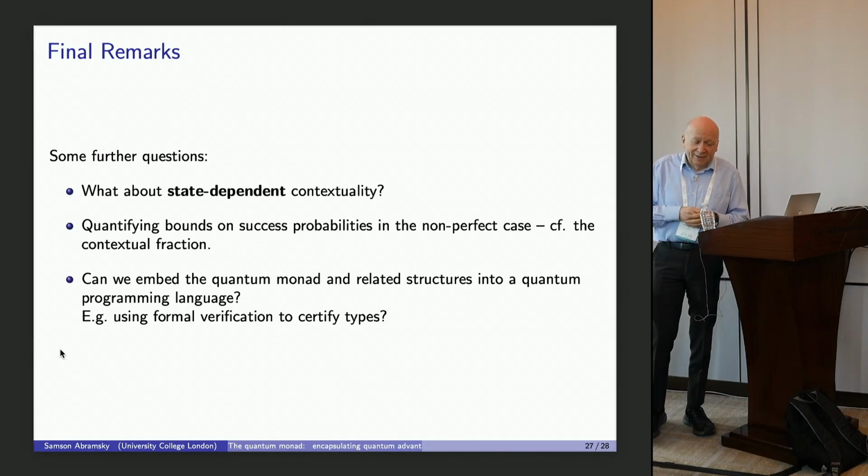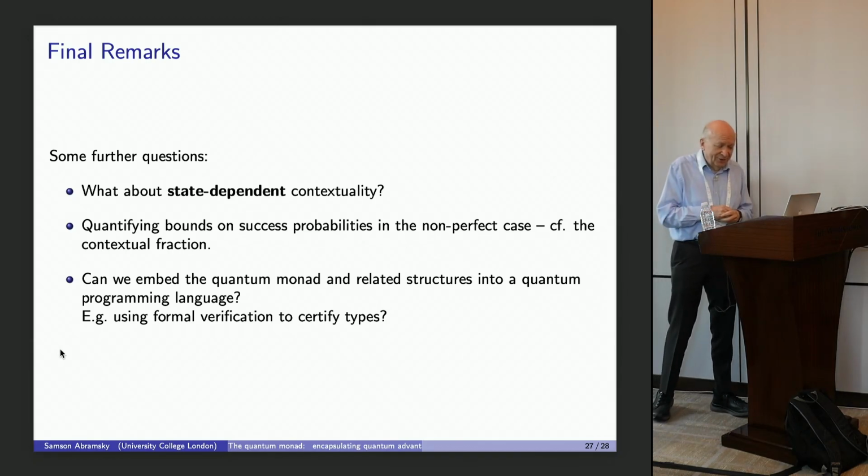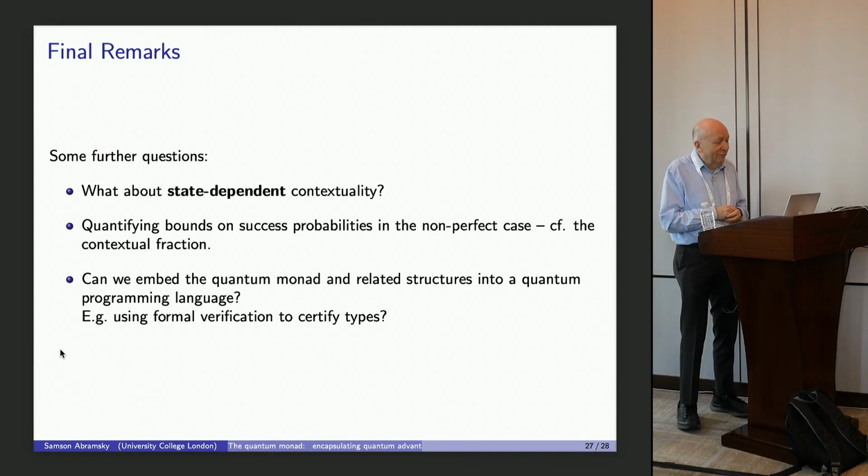So to me, that's an interesting line of possible research, and I hope it may be of interest in stimulating future research in incorporating higher-level features of quantum structures into future programming languages.